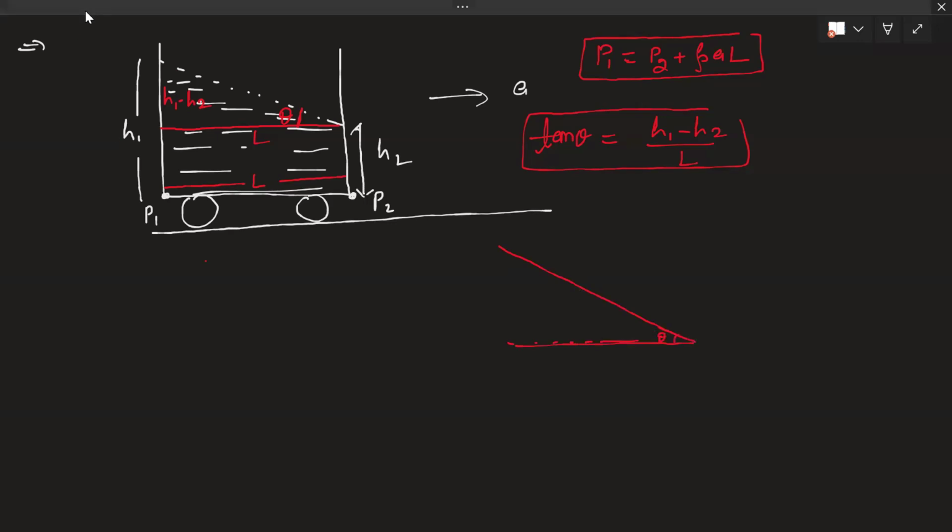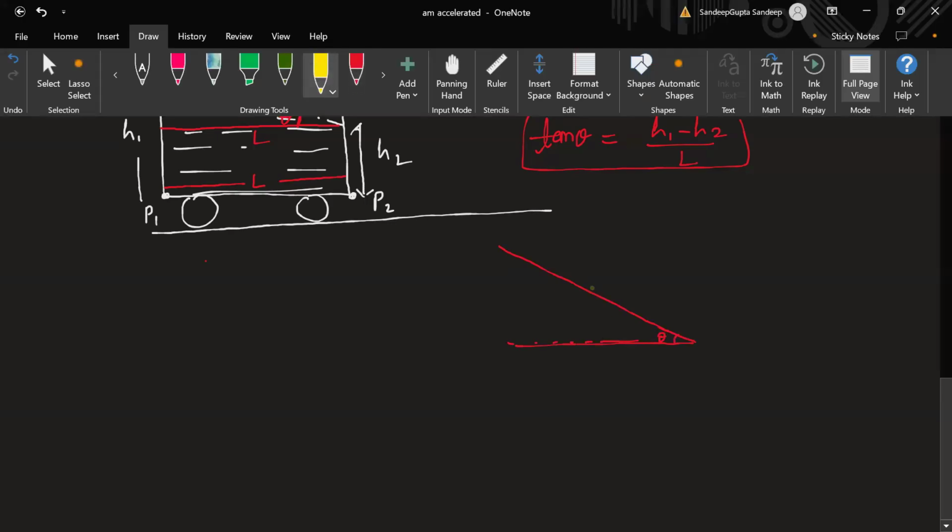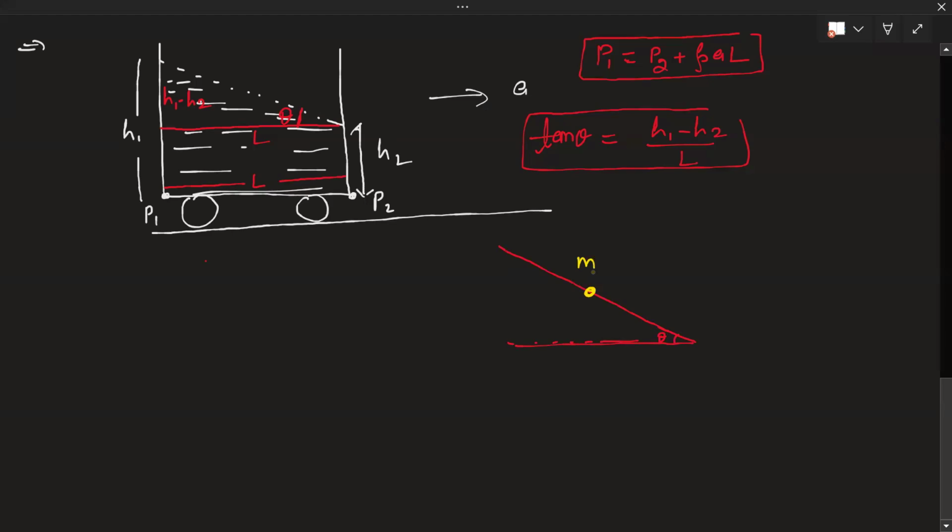So if I take here one particle having mass m, mg force will be acting downward, and as the system is going towards right with acceleration a, pseudo force will be acting towards left, that is ma. This angle is also theta, so here I can take ma cos theta. This I am talking about one liquid particle of mass m. This same diagram I am making a little bigger to explain.